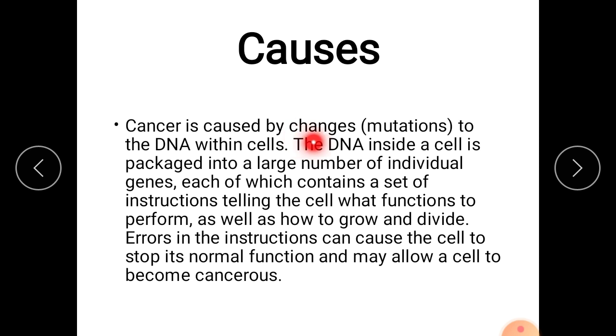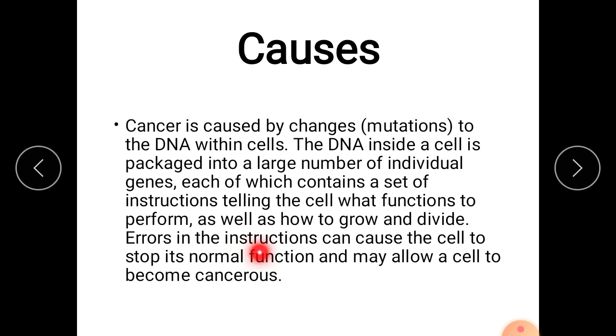Cancer is caused by changes. They are the mutations to the DNA within cells. The DNA inside a cell is packaged into a large number of individual genes, each of which contains a set of instructions telling the cell what functions to perform as well as how to grow and divide.